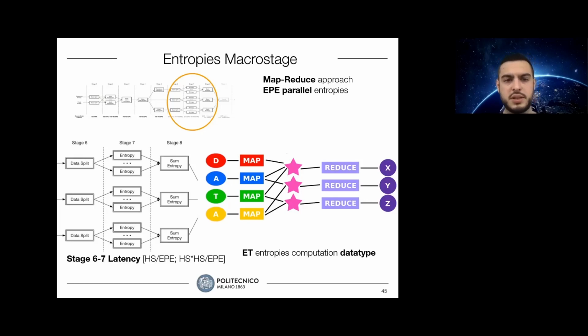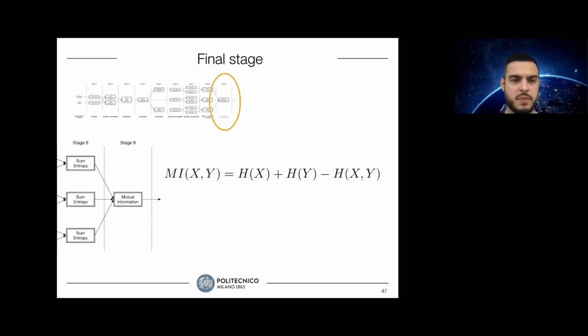And here, stage 6 and 7 have a variable latency, depending whether they are computing the joint entropy or single ones. And this is caused by input streams that are of different sizes. While stage 8 is dominated by the reduction of floating point operations. Finally, we combine all the entropies to compute the final Mutual Information value and apply the formula in the slide.